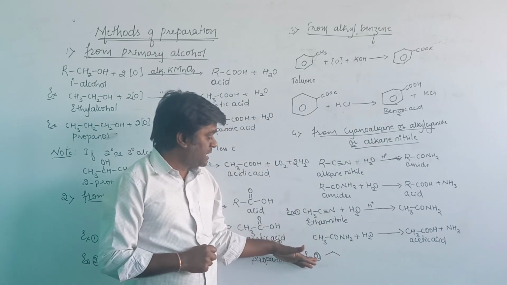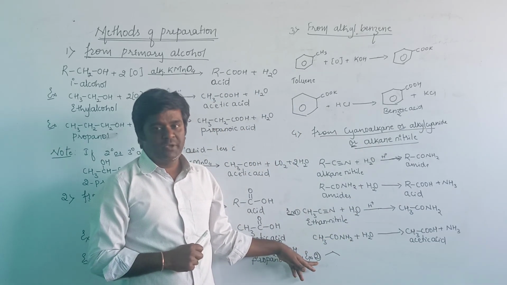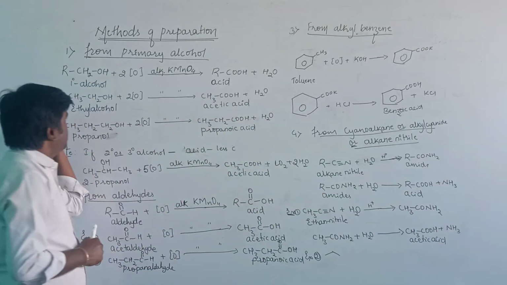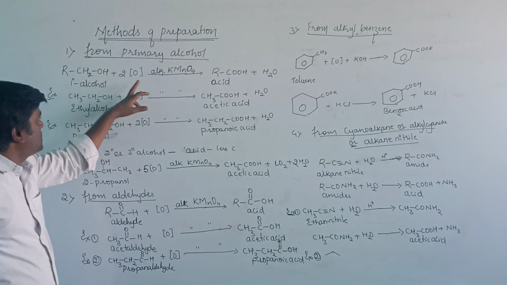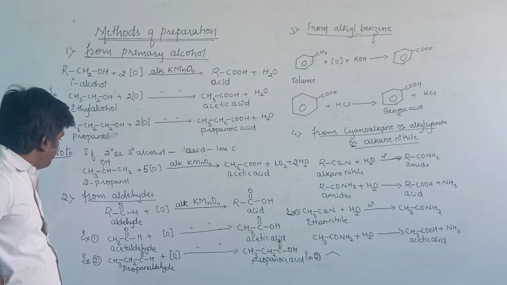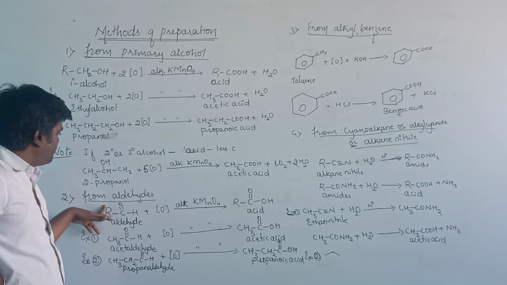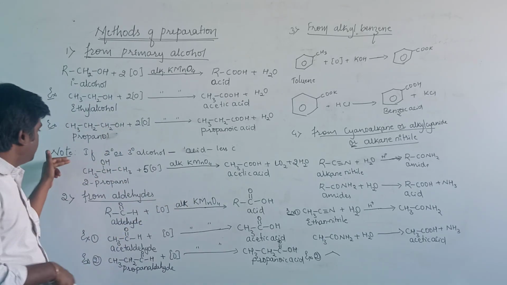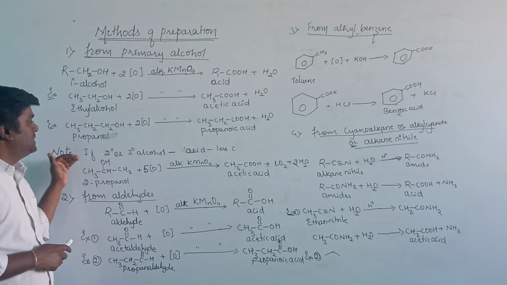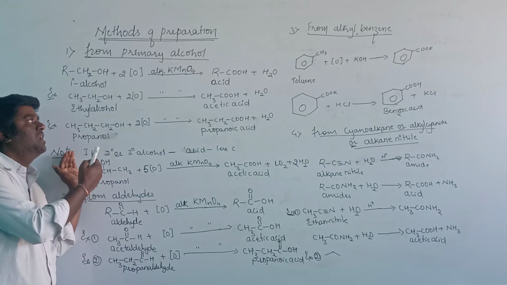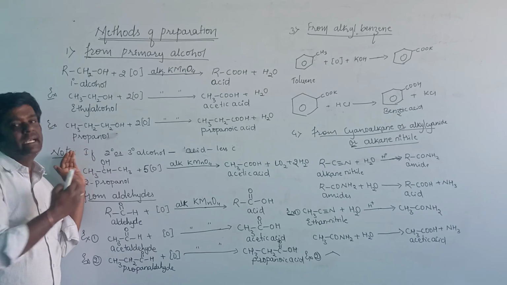In the first reaction we used the oxidizing agent alkaline KMnO4, and in the second reaction, from aldehyde, we also use an oxidizing agent. In this reaction we can use chromic acid as the oxidizing agent.